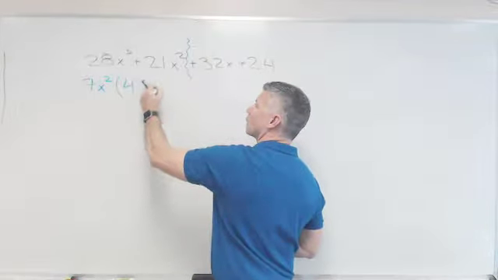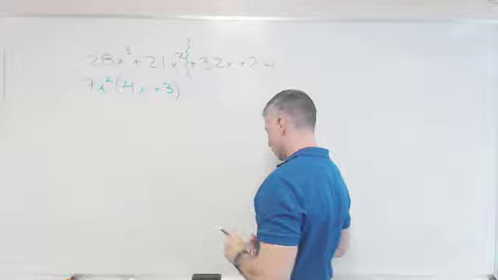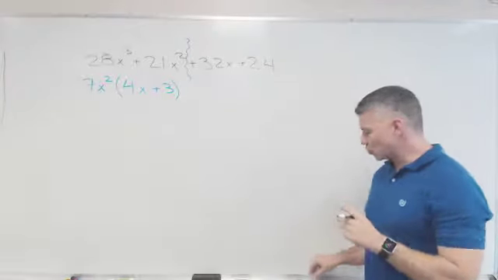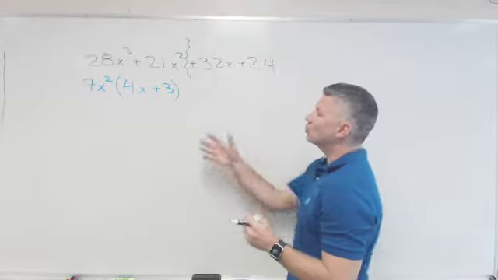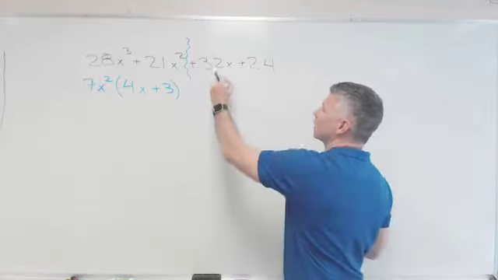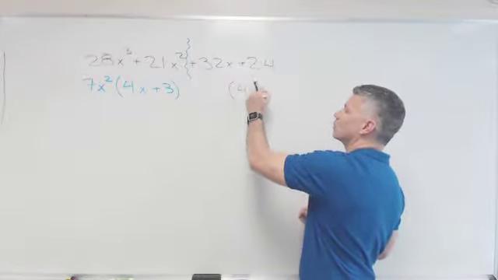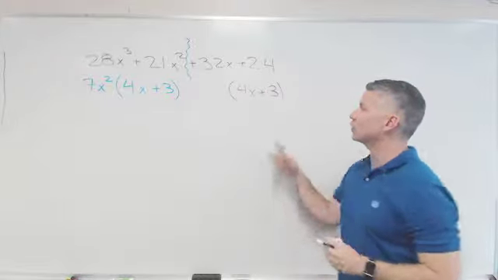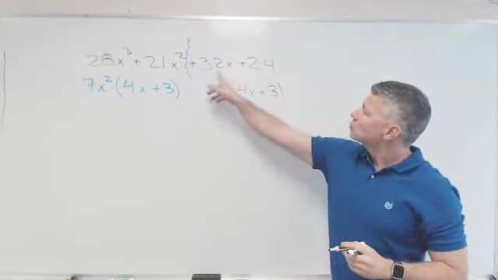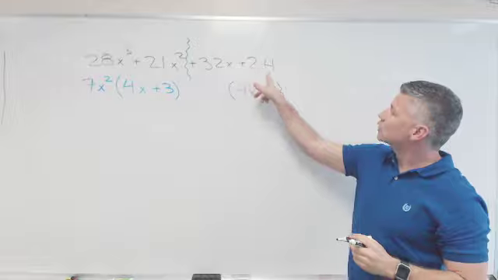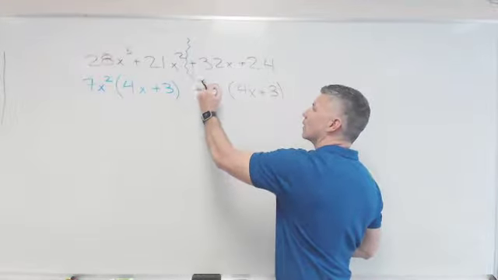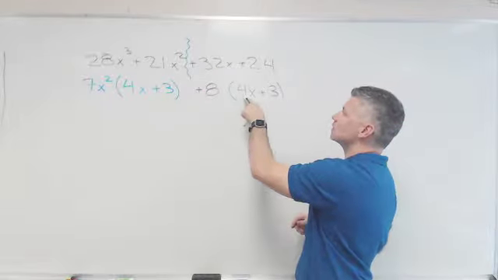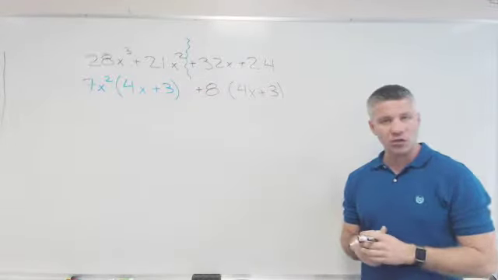That leaves 4x plus 3. And using the little tip I gave you on the previous problem, remember we want this to be 4x plus 3 for this to work. So our GCF of 32x plus 24 is a positive 8. And hey, look, that does leave me with 4x plus 3.